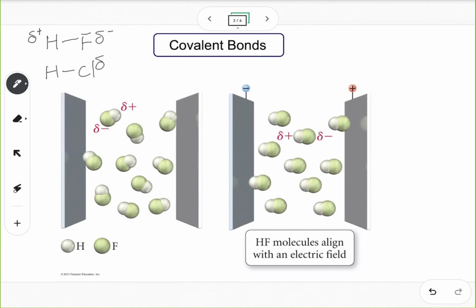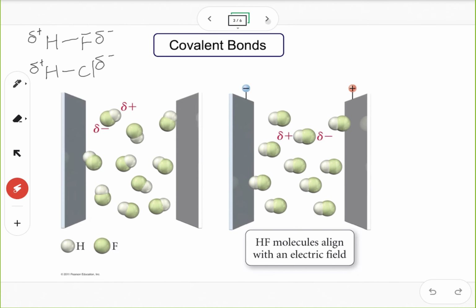Therefore, this side would be negatively charged and the hydrogen side would be positively charged. So this is also polar. Well, we know that this is polar, but study found that this HF molecule is more polar than the HCl molecule. So the question is, how do we determine which bond is more polar, which bond is less polar? Do we have a standard?